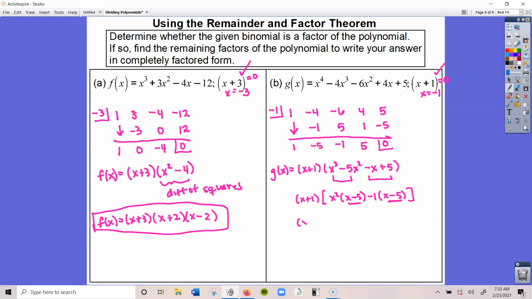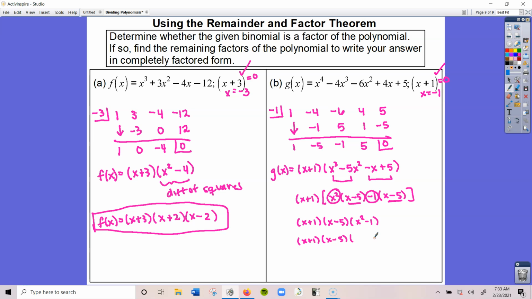We have the x plus 1 on the outside, the factor that is inside the parentheses, and then remember what is left over outside the parentheses is our other factor, which is x squared minus 1. Now this x squared minus 1 is another difference of squares. So when we factor, we have this x plus 1 here. We have the x minus 5.